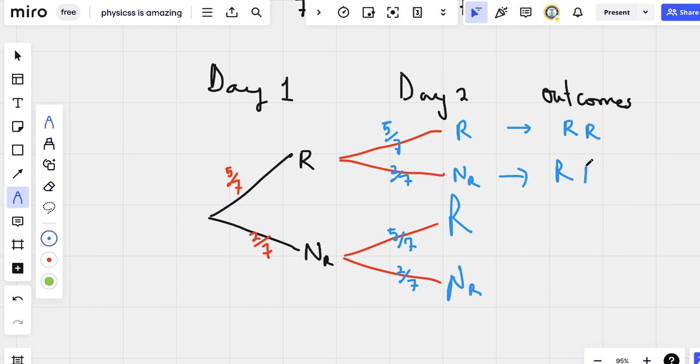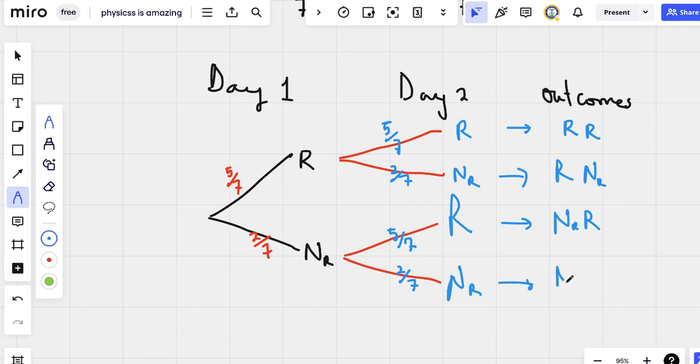Or it does not rain on the first day, but it rains on the second day. Or it does not rain on both days.